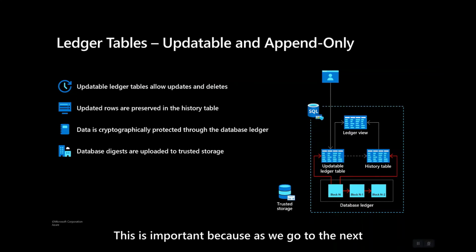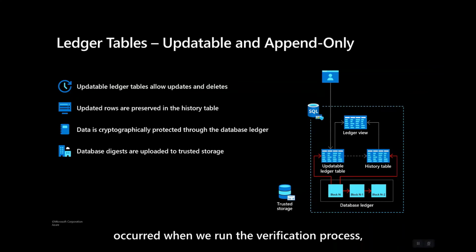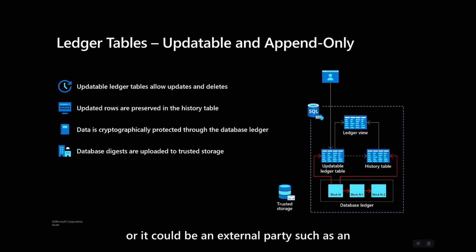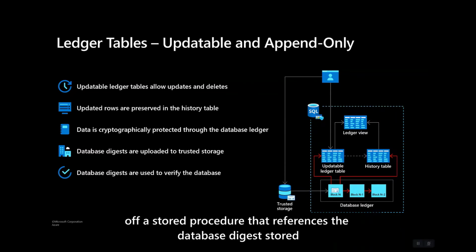This is important because as we go to the next step, which is verifying the database, detecting if any tampering has occurred, we run the verification process. That means the user that's using the database themselves, or an external party such as an auditor or a regulator, runs the verification process, which effectively kicks off a stored procedure that references the database digest stored in trusted storage.